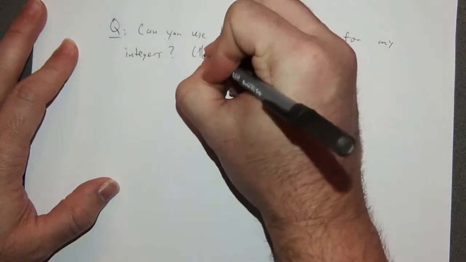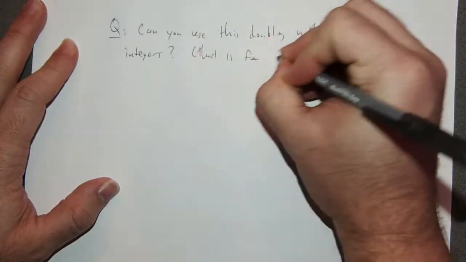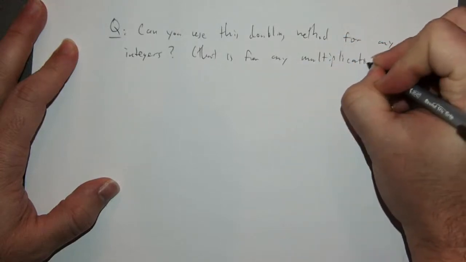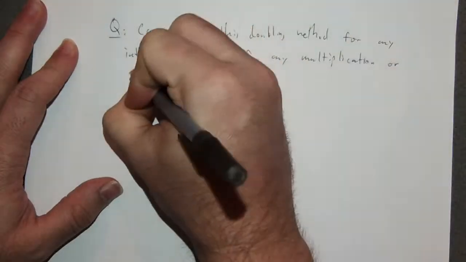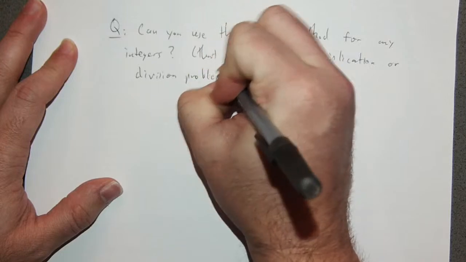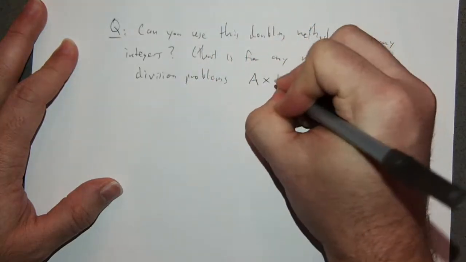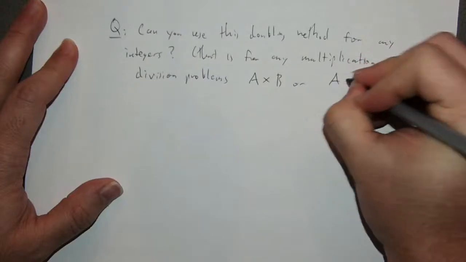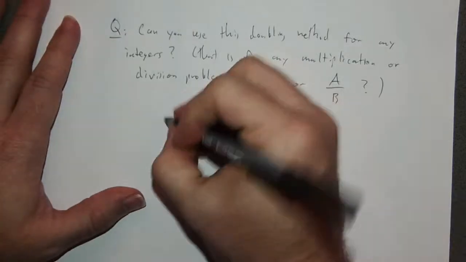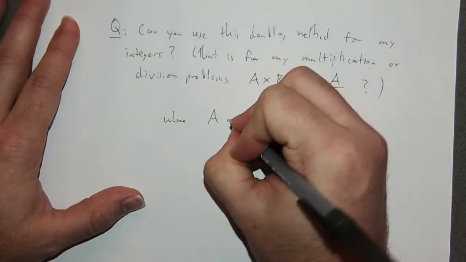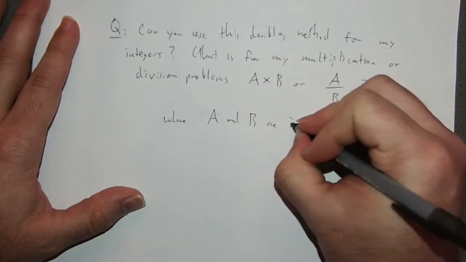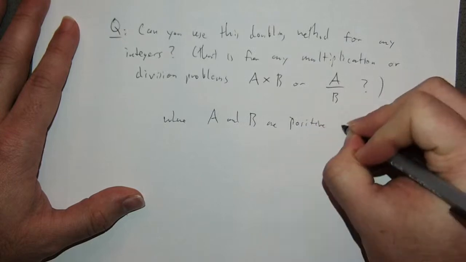That is, for any multiplication or division problems that are either A times B or A over B, where A and B are, say, positive integers, it doesn't really matter here.